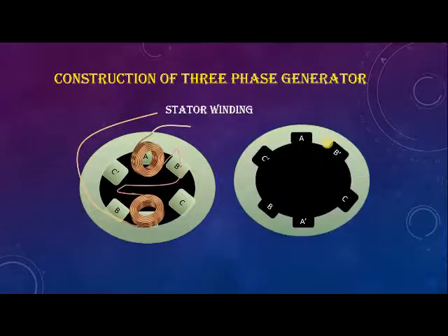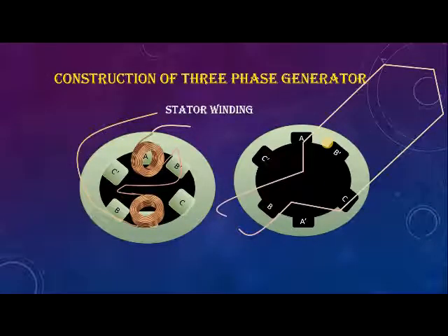Next, if you have a slotted type of stator core, I will show you the winding. I have shown a single turn, rectangular coil, where we have only two conductors.